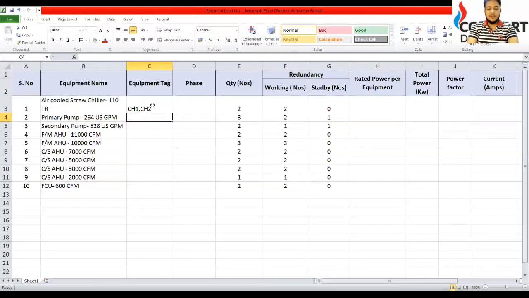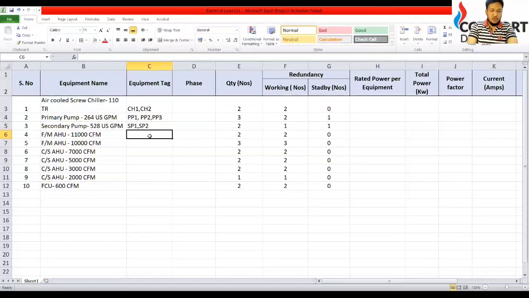Now for the primary pumps, PP1, PP2 and PP3. That is your primary pump 1, 2 and 3. Then secondary pump 1, secondary pump 2. 2 secondary pumps are there.